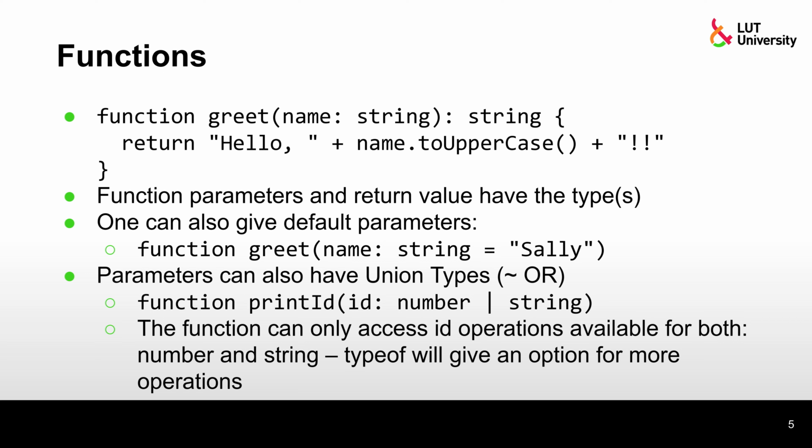You need to use typeof, that's a basic JavaScript typeof, which will give the correct type. When you have checked that it's typeof number, then you can use the operations that are available for numbers, and if the typeof string is true, then you can use the methods that are available to string, like this toUpperCase.